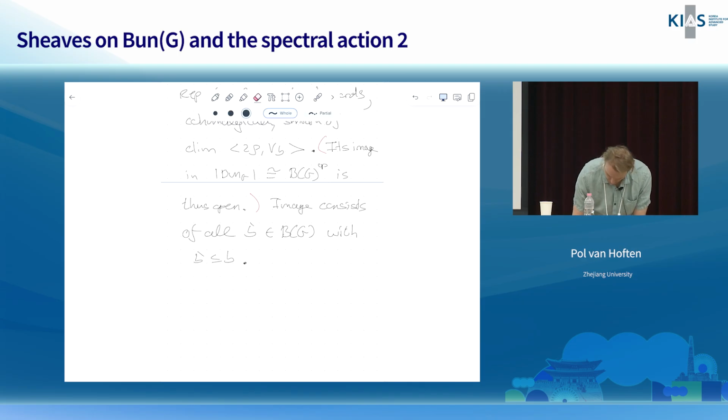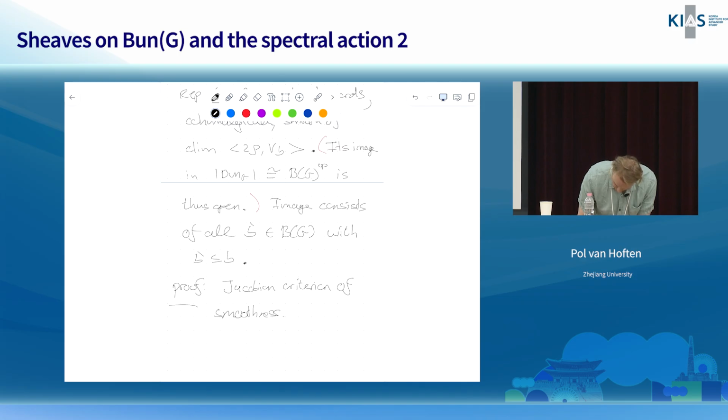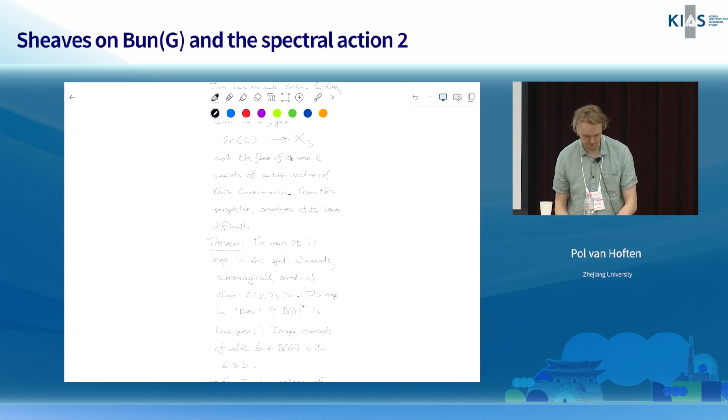So maybe I'll say the proof is this wonderful Jacobian criterion of smoothness. And that's really made for this kind of situation.